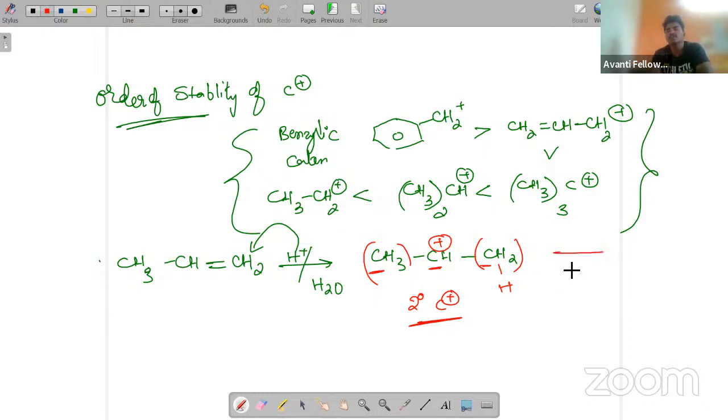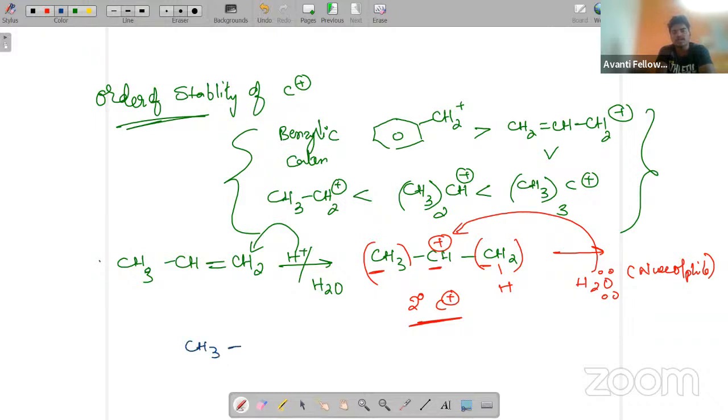So next, what is going to happen here? In this case, you have H2O, right? H2O has a lone pair of electrons, which is a nucleophile. So this nucleophile will attack the carbocation. Now it will be CH3-CH with oxygen attached, OH, and when oxygen gives its lone pair, oxygen gets a positive charge, and here there is CH3.